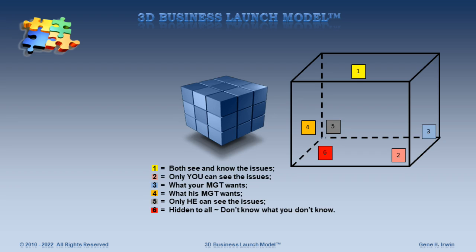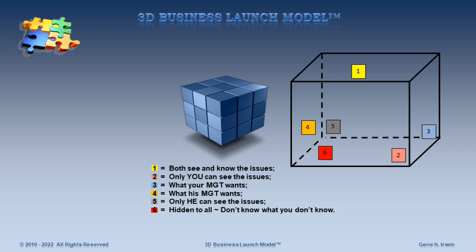So here's a summary of all the 6 different areas that you need to be concerned about using our plexiglass clear cube. Let's go through them one more time. Number 1, on top, both see and know the issues. Number 2, on your side, only you can see the issues. Number 3, on the right side is what your management wants. Number 4 is what their management wants.